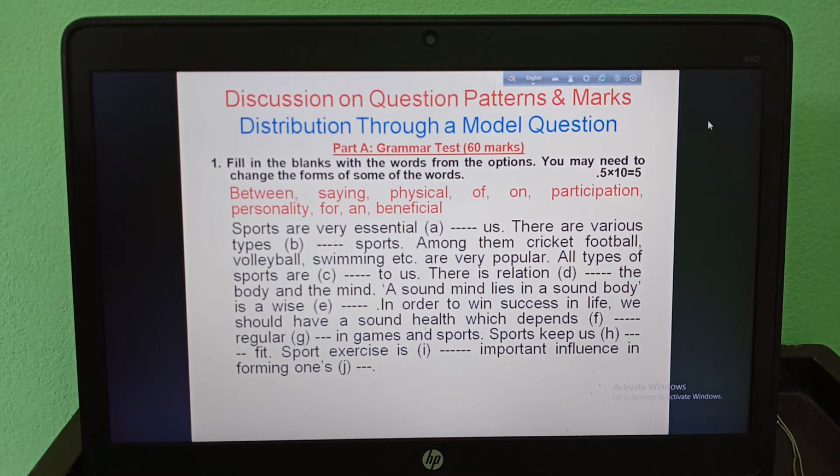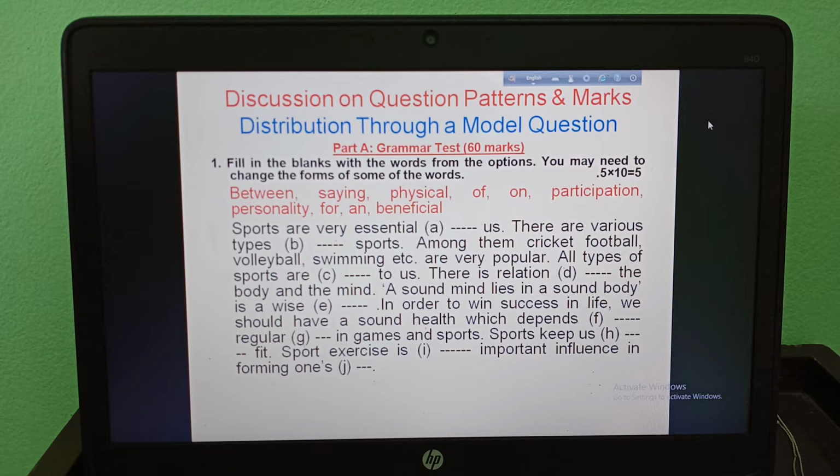I think you all have a good command of this chapter, but after a long period I am taking class, so I would like to remind you of the patterns through presenting a model question. You can practice the question immediately, because this model question is very important for your ensuing examination.